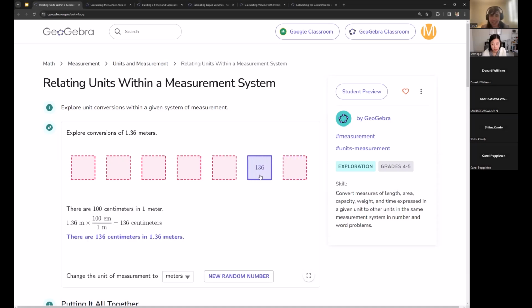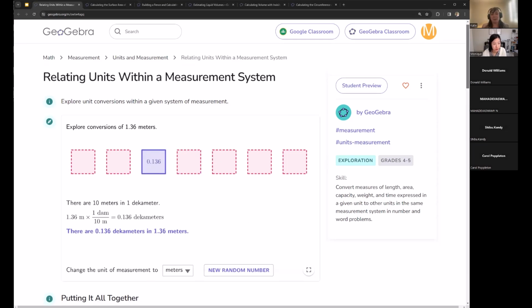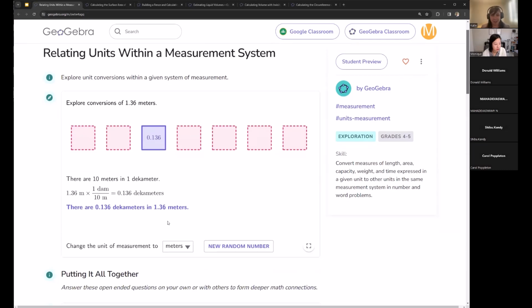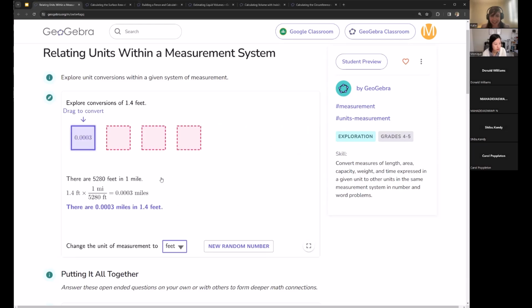And so students can take one given measurement and see how many different ways you could change it within one measurement system. But it doesn't just stop there. We also look at multiple systems of measurement. So if you use the drop-down menu, now we're looking at feet.